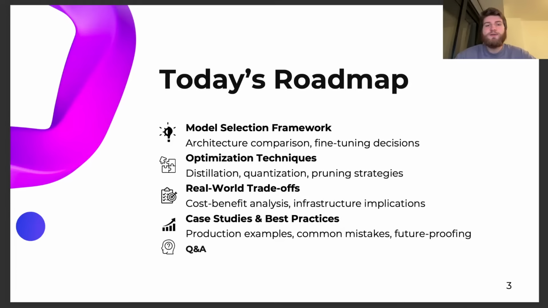What actually works, what doesn't, and what the papers don't tell you. After that, we'll look at real-world trade-offs. I'll share a cost-benefit analysis framework, infrastructure implications, and maintenance strategies. Finally, case studies and best practices, concrete examples from production deployments, common mistakes I've seen, and how to future-proof your multilingual systems. And we will finish up with a Q&A session.